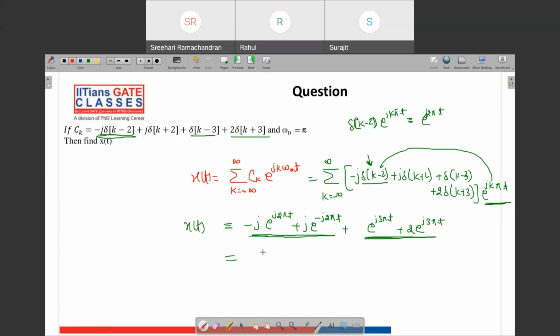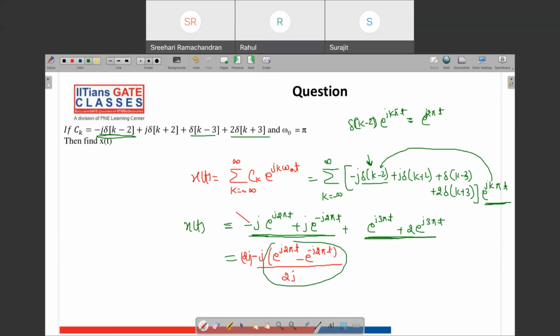So this one you can write as j, minus j common, e to the power j 2 pi t minus e to the power minus j 2 pi t. Now you can divide it by 2j and multiply it by 2j. So if you see this term, this is essentially a sine.